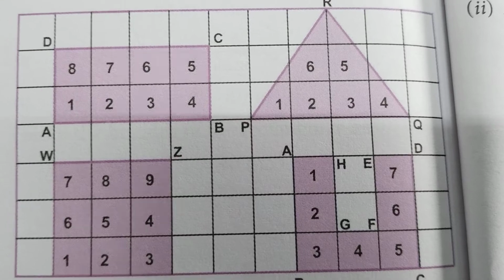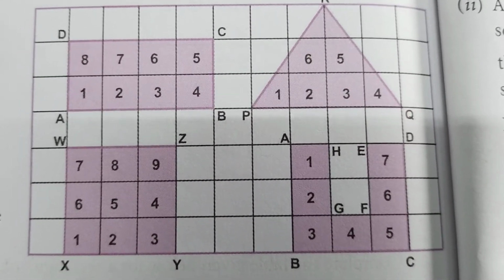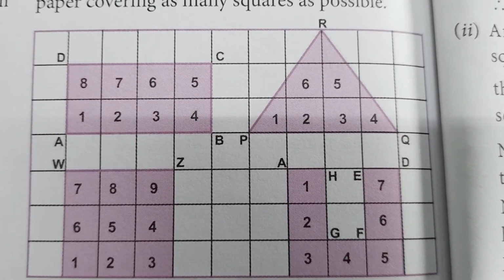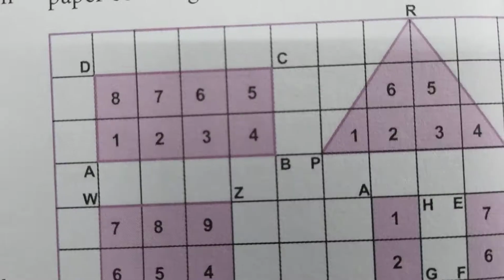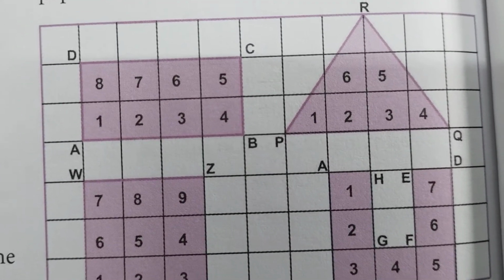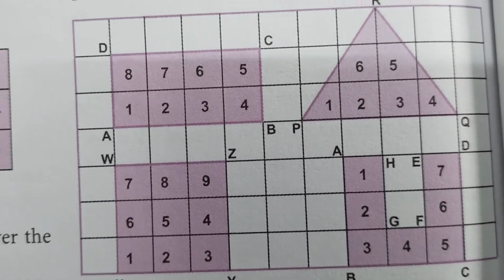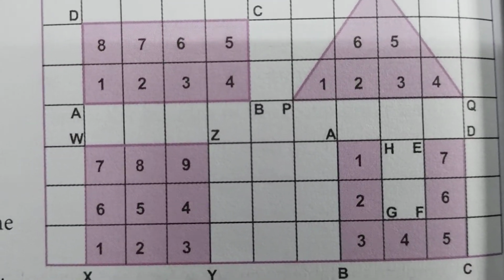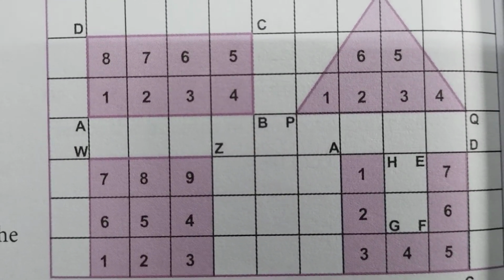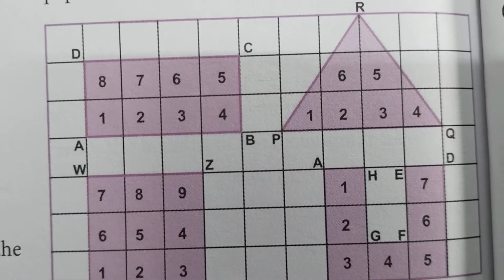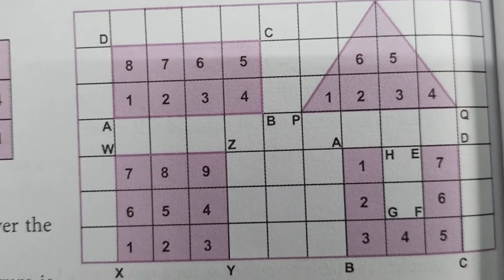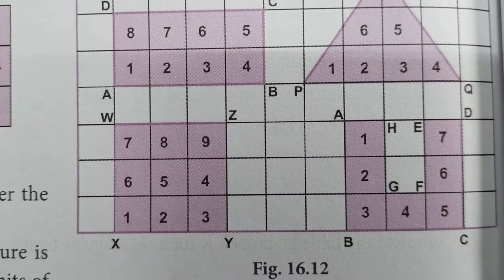Like this we can trace the figure and find the area of the given object. While counting the area using graph paper, first we count all full boxes, and then we count the boxes that are more than half covered as 1.